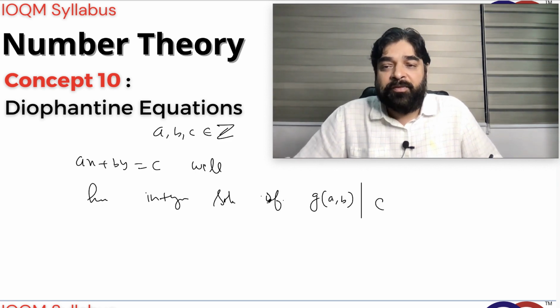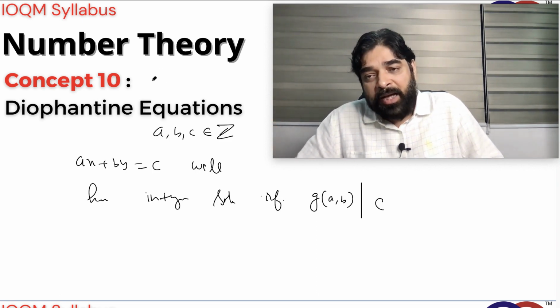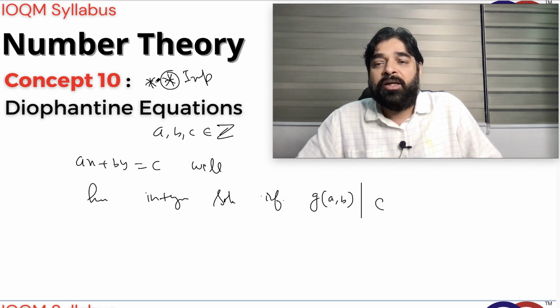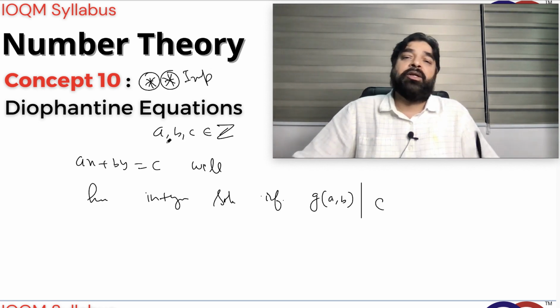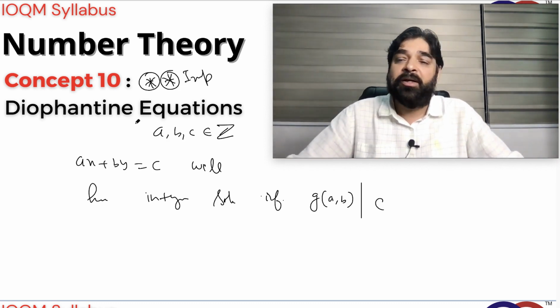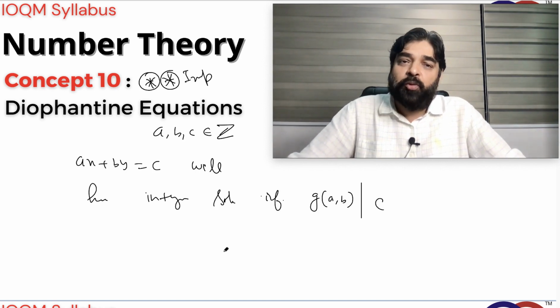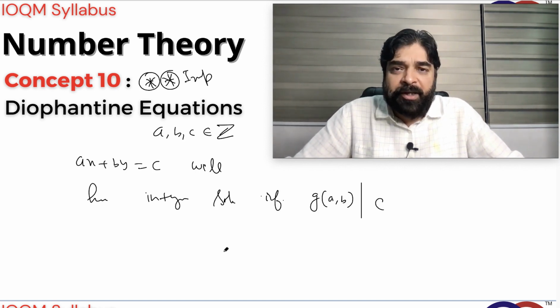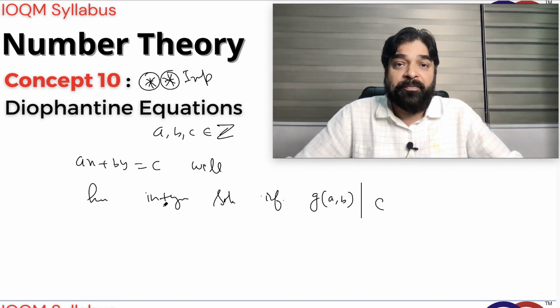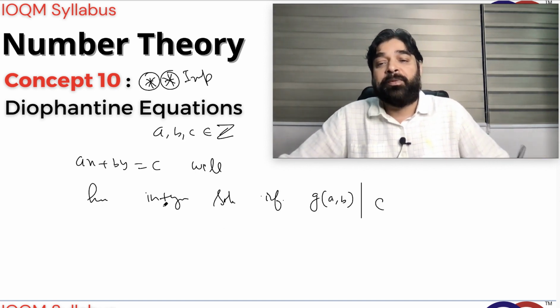So Diophantine equation questions used to come. I will say it's very important. Please go through this equation. Whatever book you are following, it will 100% be there in the number theory chapter. Do practice on this concept, a lot of questions can be created on it. Number of integral solutions: how many integral solutions will there be?